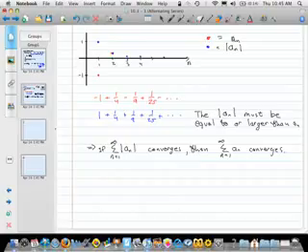All right, and I think that's pretty straightforward. And by now, I think you should know that actually the squared one does converge.